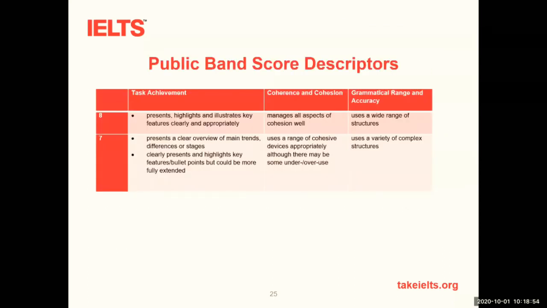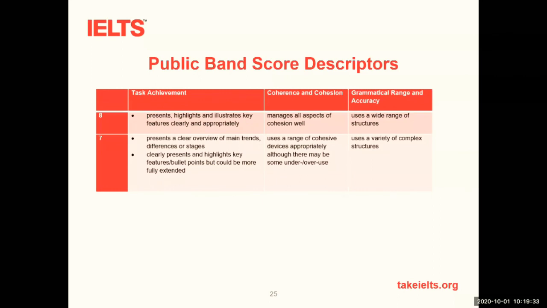Okay, and just to show you why we've been going through this, to get a 7 and 8, so getting above that 6, you need to use a variety of complex structures or a wide range. So if you can introduce some relative clauses, that just shows that you can use a variety at least. Okay, and then the linking words, it comes into coherence and cohesion, and as it says here, for 7 uses a range of cohesive devices appropriately, or manages all aspects well.